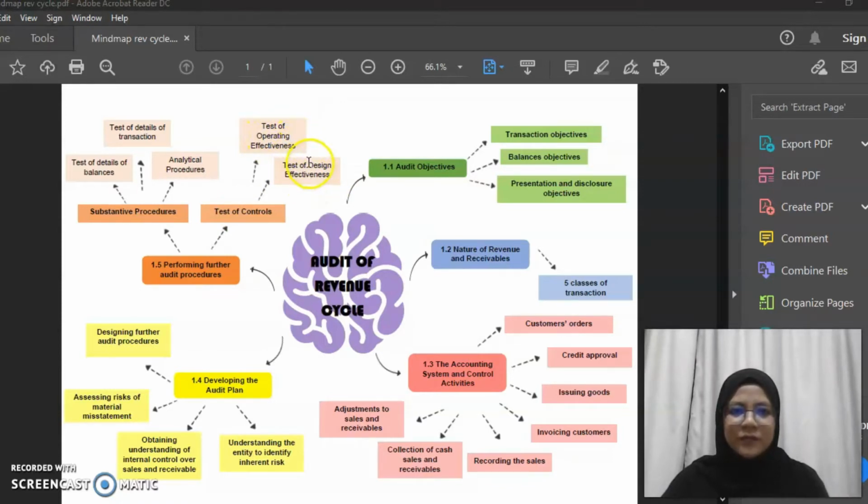So they are different here. Design effectiveness and operating effectiveness. And the substantive procedure has 3 types, which are analytical procedure, test of details of transaction, and test of details of balance.